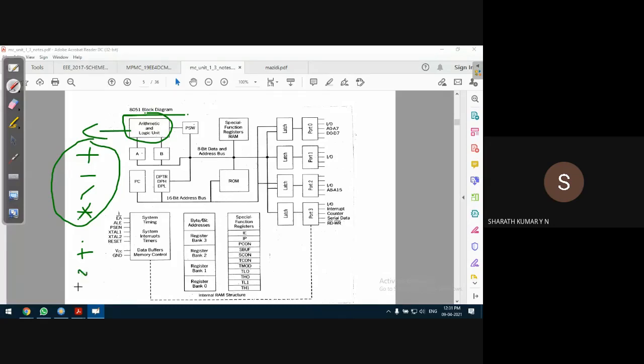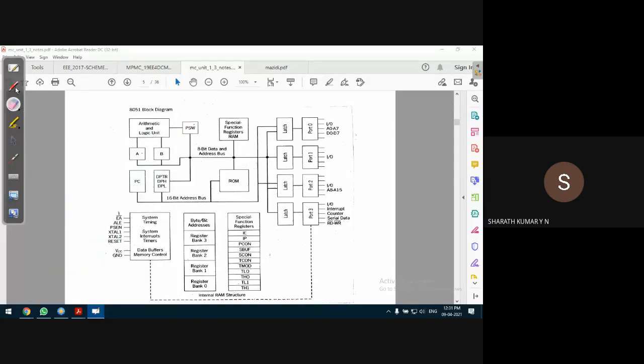There is the NOT operation. Using these, we can implement other derived operations like XOR and XNOR. So this is the main hardware which performs most of the operations in the 8051 microcontroller.